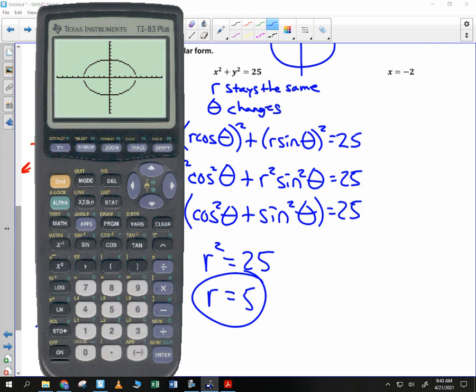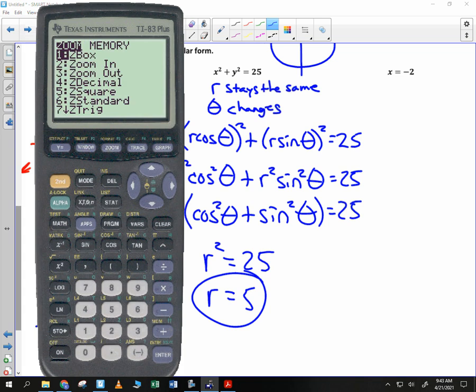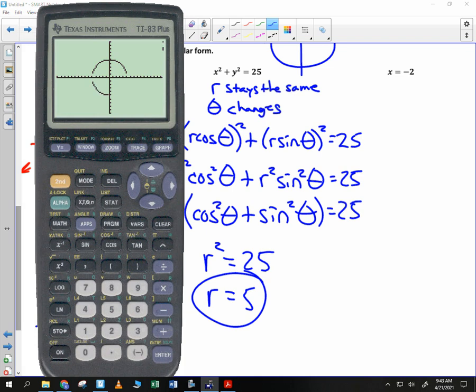If you actually go to zoom and zoom square, meaning it puts it into more of a square form, it'll change your window so it looks more like a circle. Yeah. And so what do we do with these things that we want to graph that aren't functions, but we still want to be able to produce graphs of them?